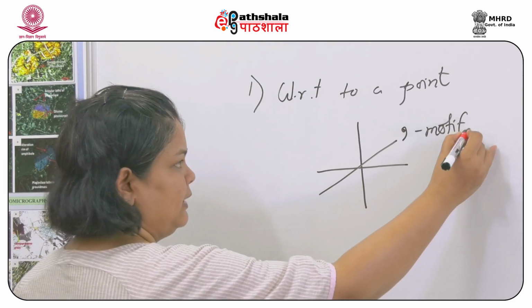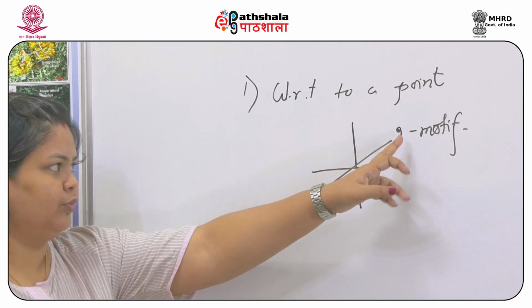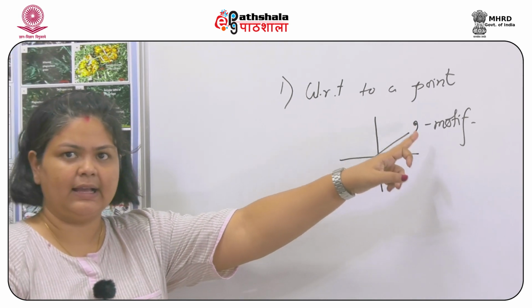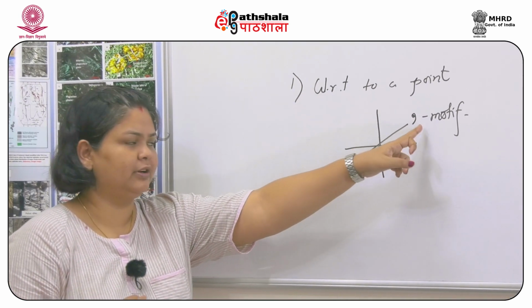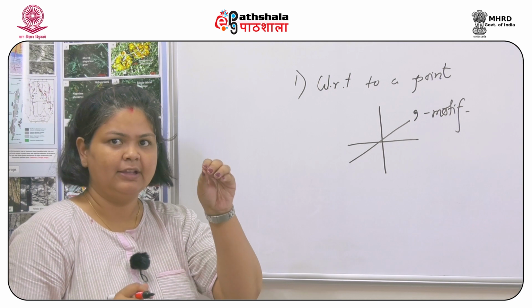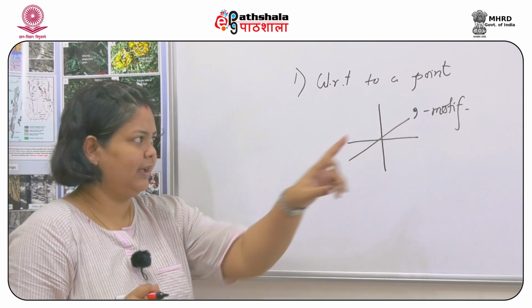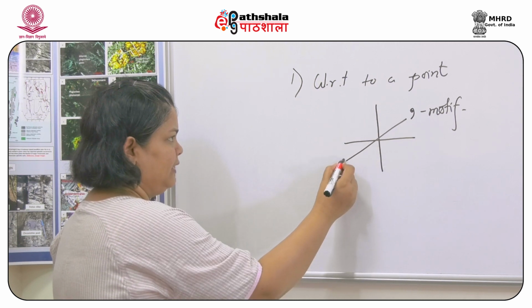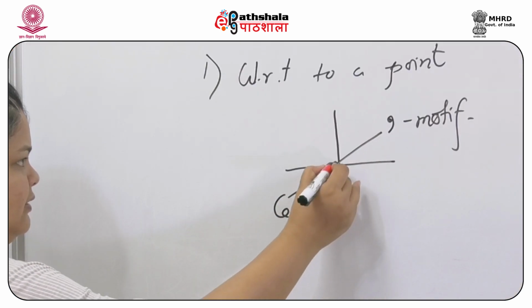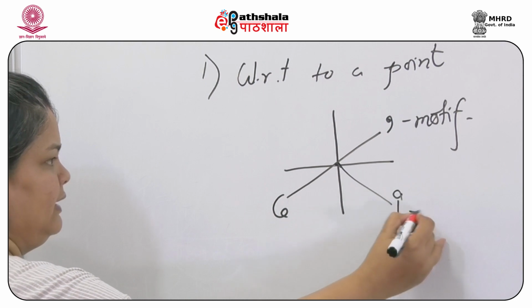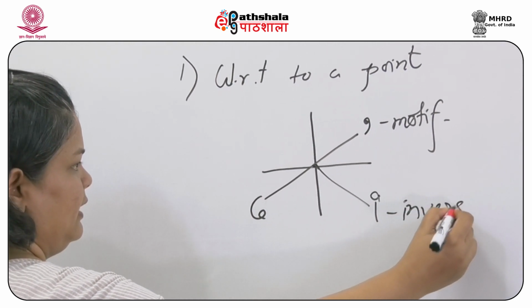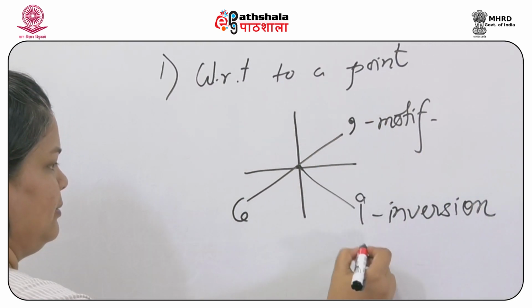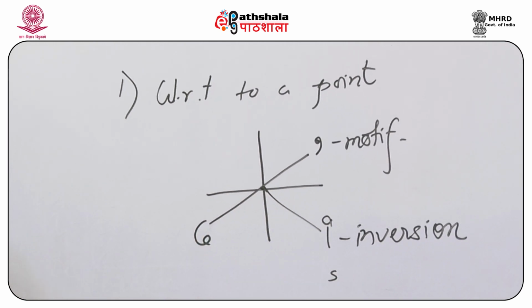A motif is nothing but a representative of the ion, atom or molecular group which defines the unit of a crystal, and this is the motif. So, if I invert that from here, this is called the inversion center, I, and this is what is called symmetry with respect to a point.